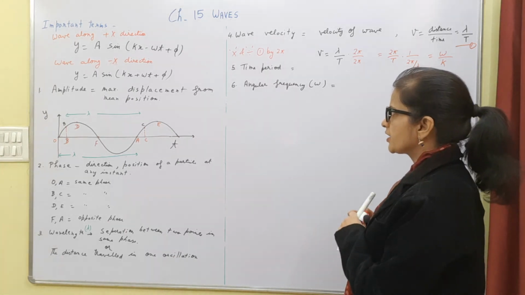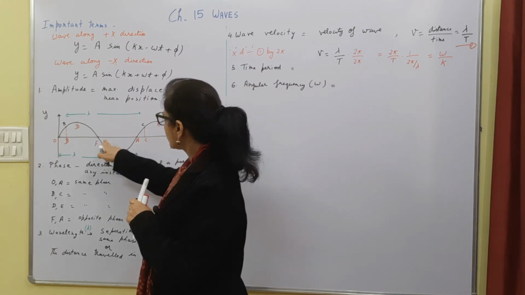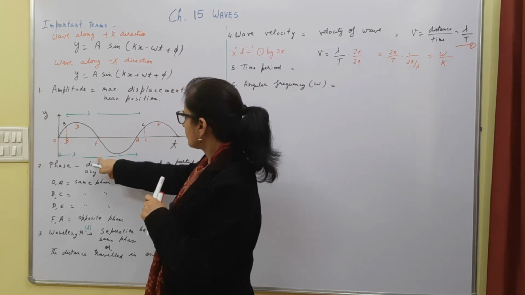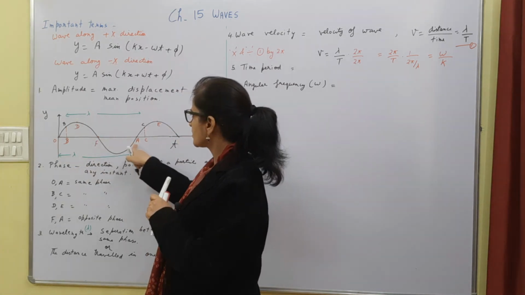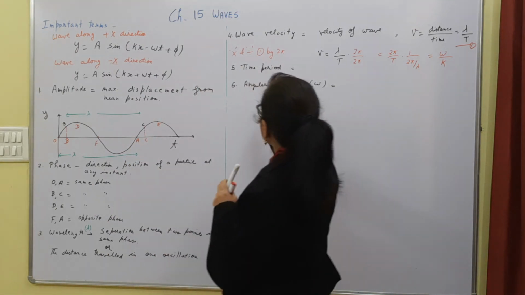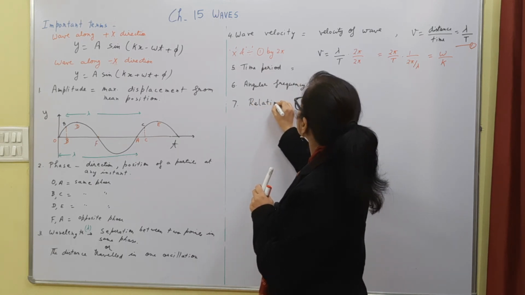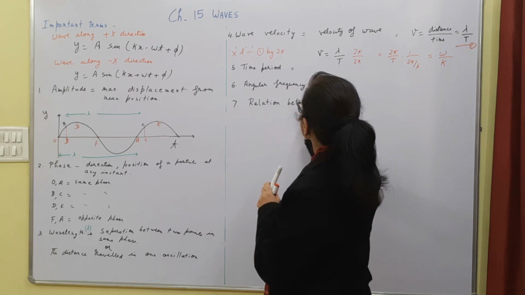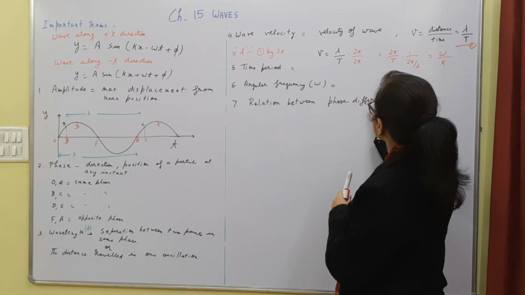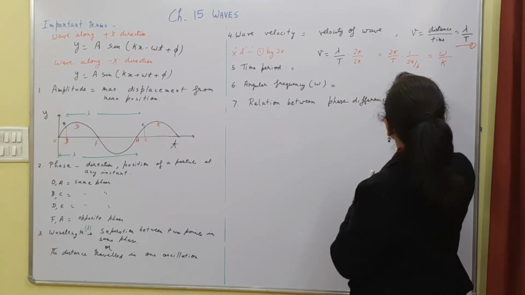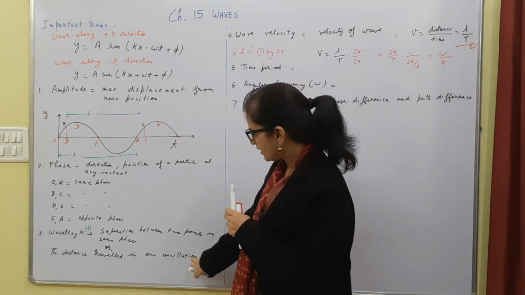And one more important relation between phase difference and path difference. So if we want to find the path difference between F and A, so what will be the separation? We know that the separation between this and this is lambda. So separation between this and this will be lambda by 2. So an important relation between actually this is the distance travelled in one oscillation.